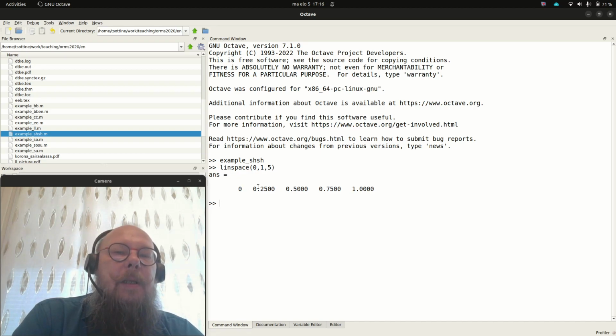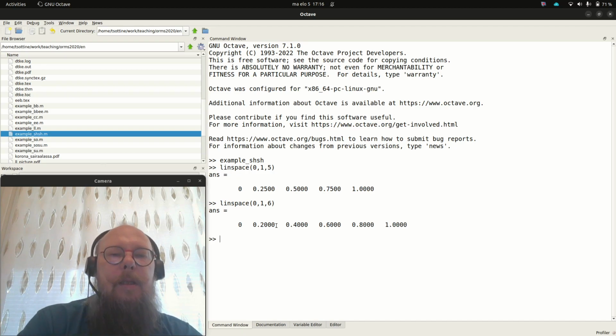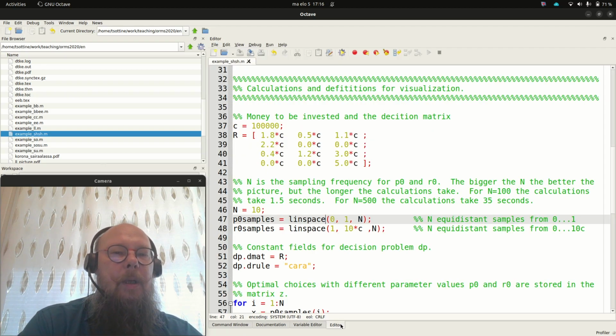So first is 0, then 0.25, 0.5, 0.75, 1. For example, 6 values is like this: 0, 0.2, 0.4, 0.6, 0.8, and 1. All right. So linspace here takes N values from 0 to 1. So P0 samples are the values for P0 that are numbers between 0 and 1, and there are N of them. The same thing for R0 samples.